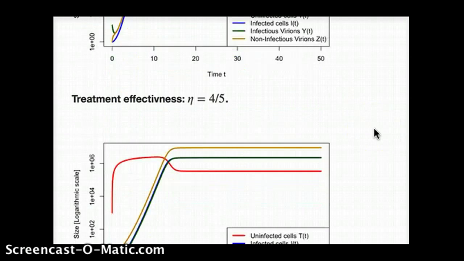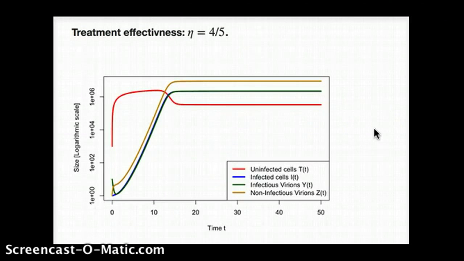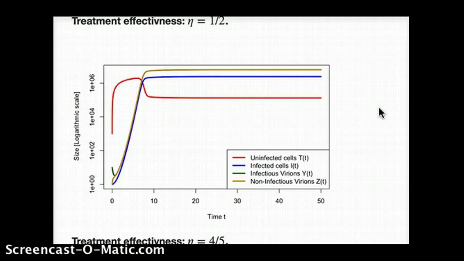Okay, so what happens if that is, say, 4/5, which is 0.8? So this corresponds to a treatment that's 80% effective. And what we observe is, maybe I go back here, in this case, for these particular values, we have a match. The amount of infectious virions are matching the amount of non-infectious virions.